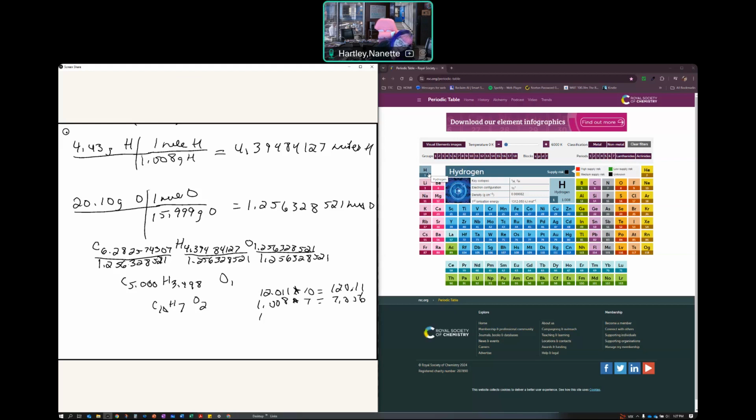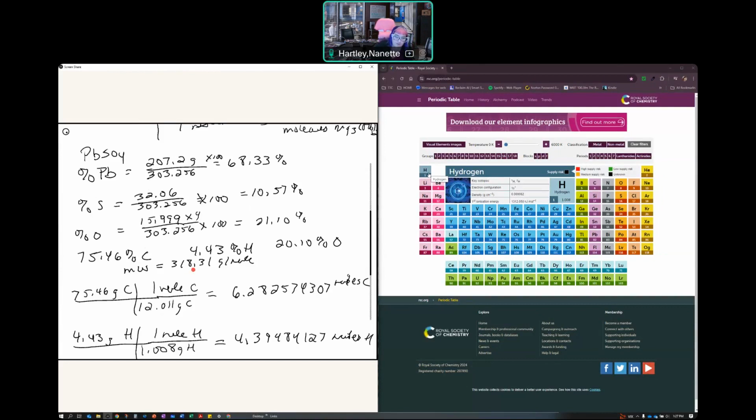And then oxygen, which is 15.999 times 2, which is 31.98. And if I add all of those together, I end up with 159.164. That is not consistent with the molecular weight that I was given.